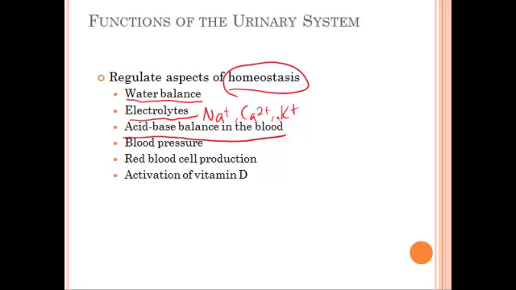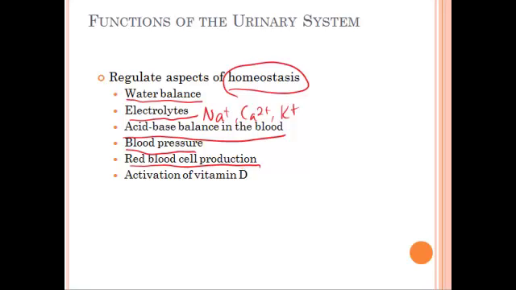We've mentioned before how the blood has a very specific pH that it has to maintain, and the urinary system is what helps it maintain that acid-base balance. Blood pressure is also controlled by the urinary system, by a hormone that is released, and then also red blood cell production.